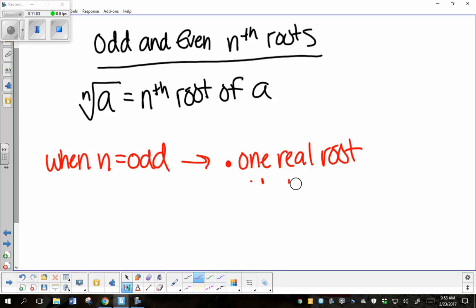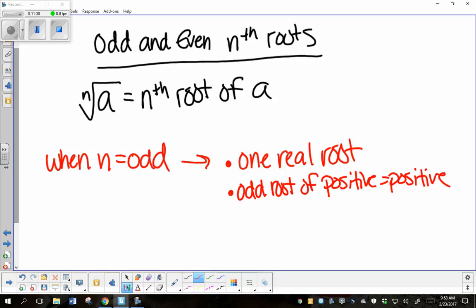Just this one line. What I meant to write was if we're taking the root of a positive number, it's positive, and of a negative number, the root's going to be negative. Whoops, sorry. I knew that's what I meant. It just sounded weird. We're going to write something different. So if you take the odd root of a positive, the answer is positive.